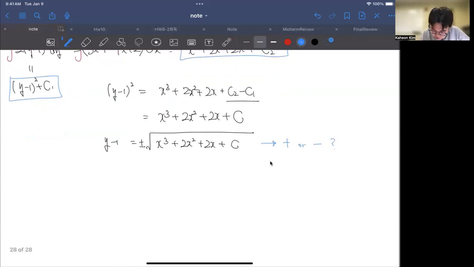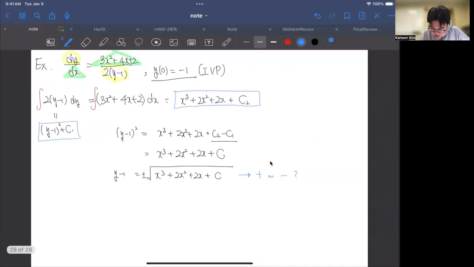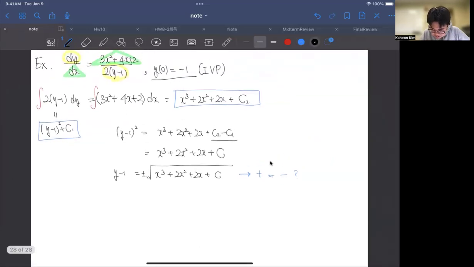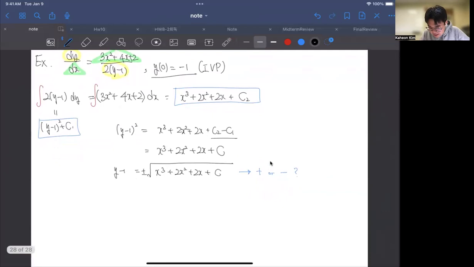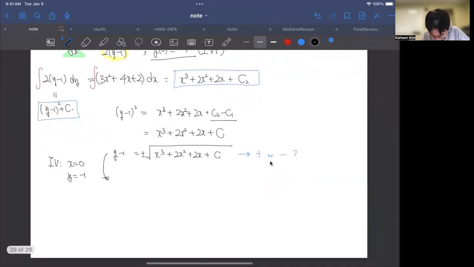But the good news is that we have the initial value. So when we plug 0 in for x and -1 in for y, then we get -2 equals plus or minus the square root of c, only c remains, right?